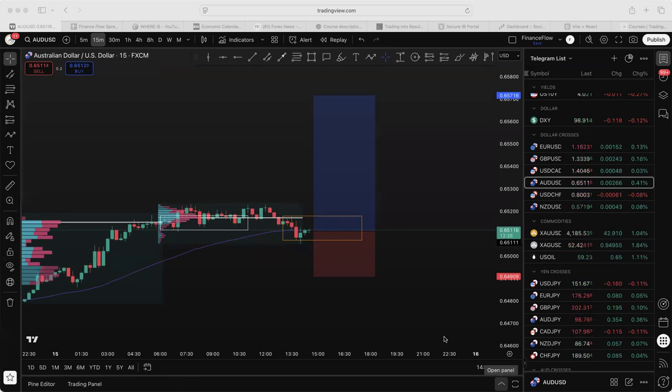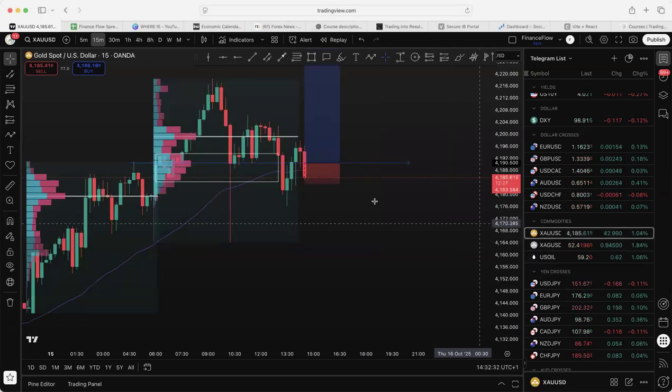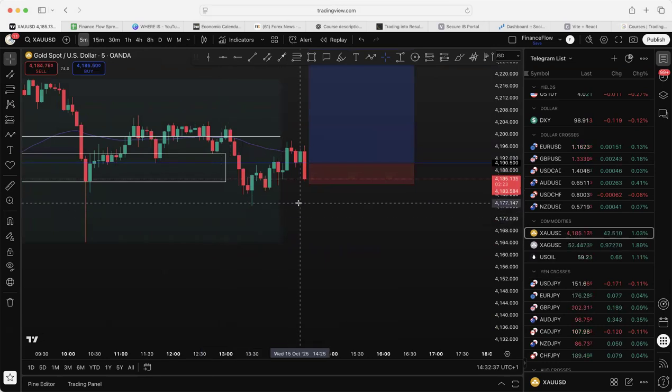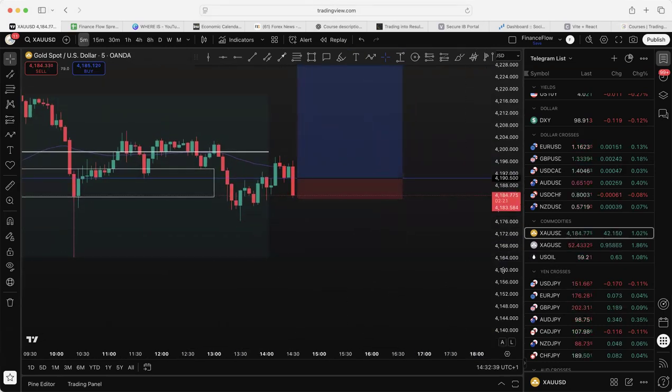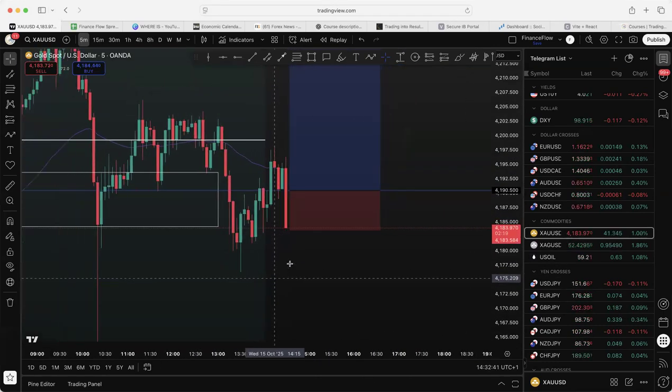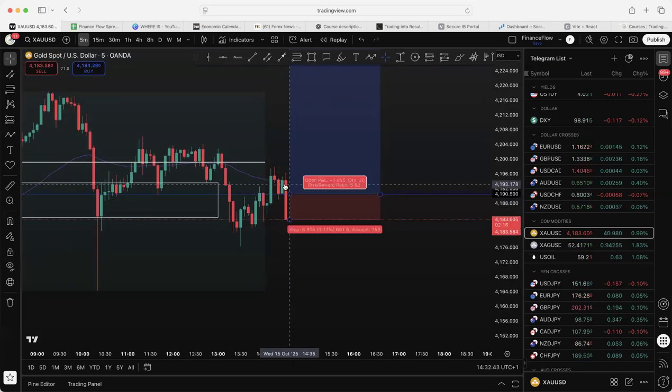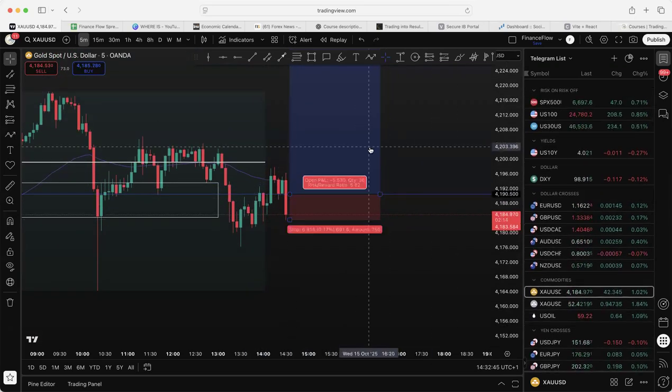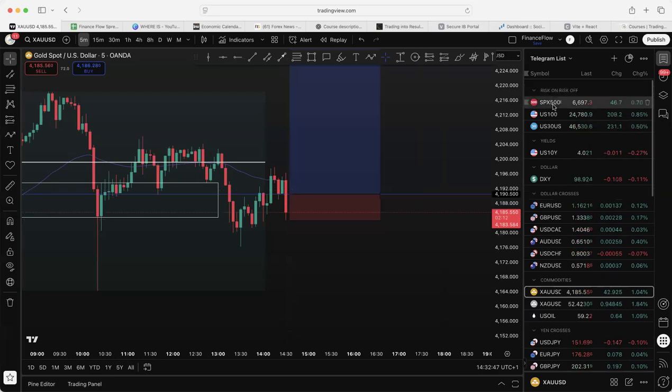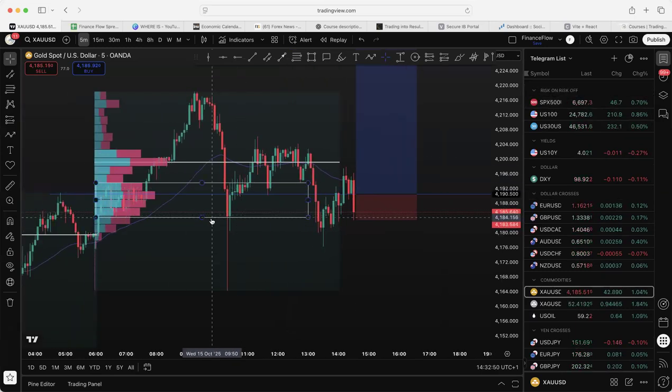So let's also have a look at gold. So gold, look at that. Just want to monitor. This is what I mean about waiting. All right, this is very, very important here. One positive for the dollar. We've got stock market. You've got to remember things like this.